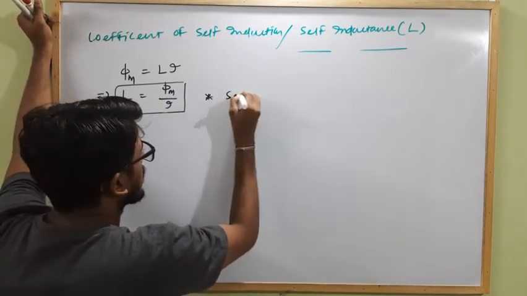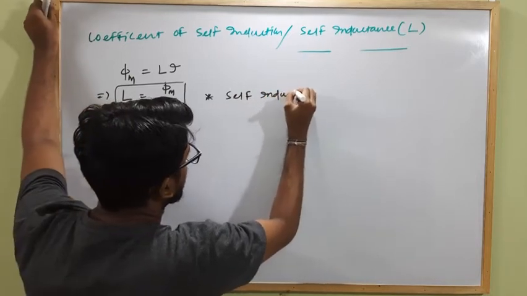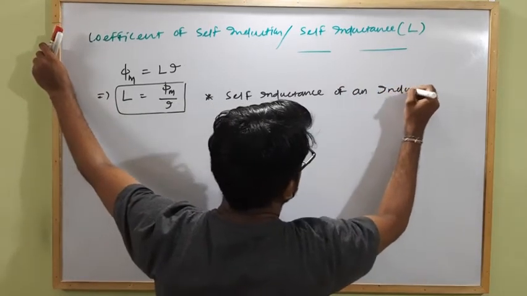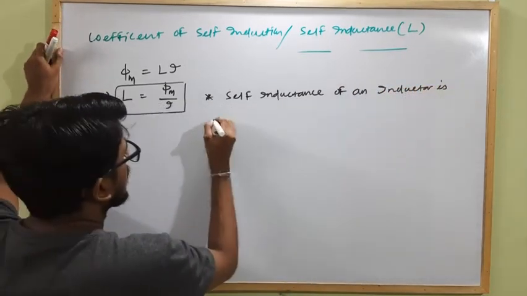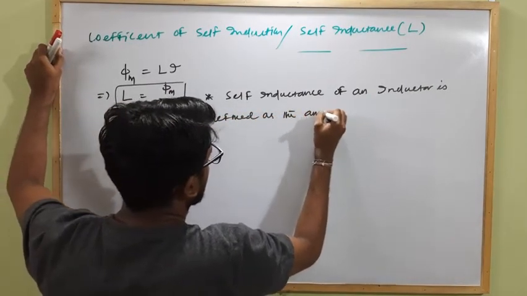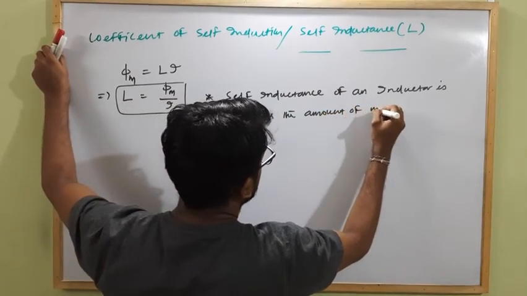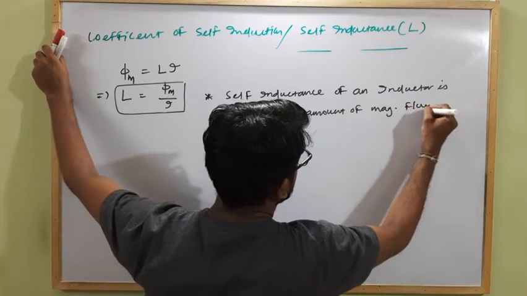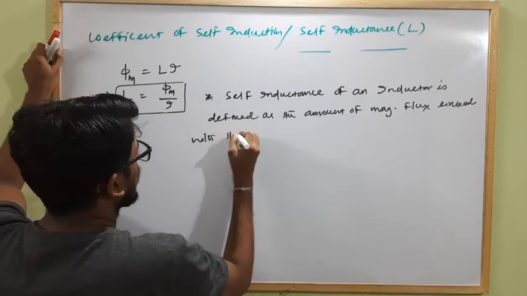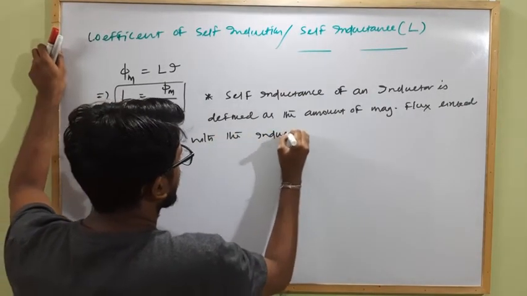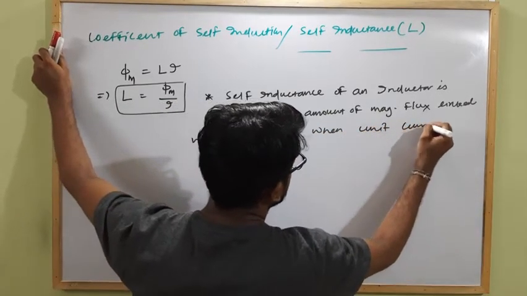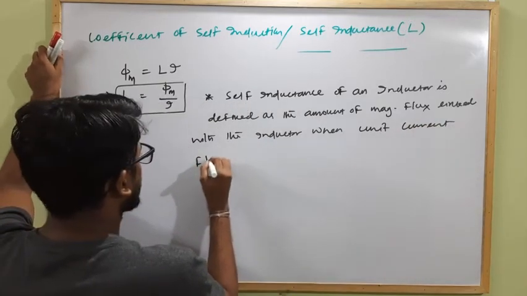So self-inductance of an inductor is defined as the amount of magnetic flux linked with the inductor when unit current flows through it.